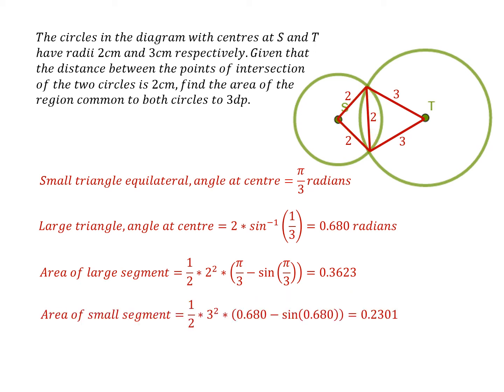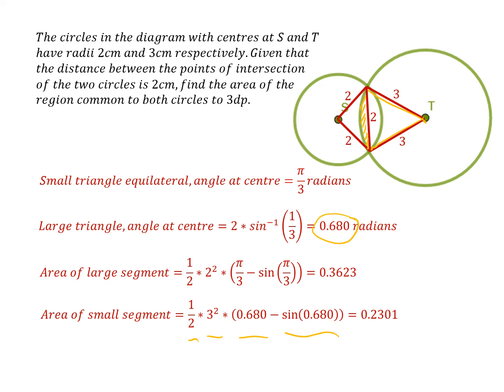And then the area of the small segment, this segment here, is part of that sector. So once again, a half r squared theta minus sine theta, and I've been careful to use the unrounded version of that number in these calculations.